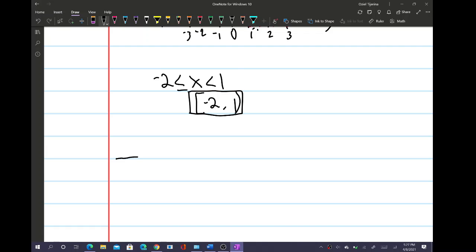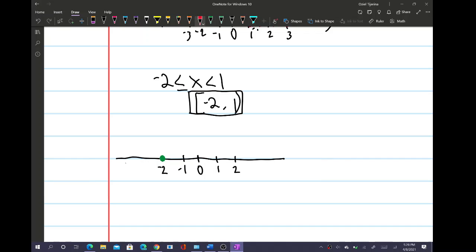This one would then, if we were to plot it, this is 0, -1, -2. This is 1, 2. So basically, the way you would do it is we have a bracket at -2, so it's going to be a closed dot.